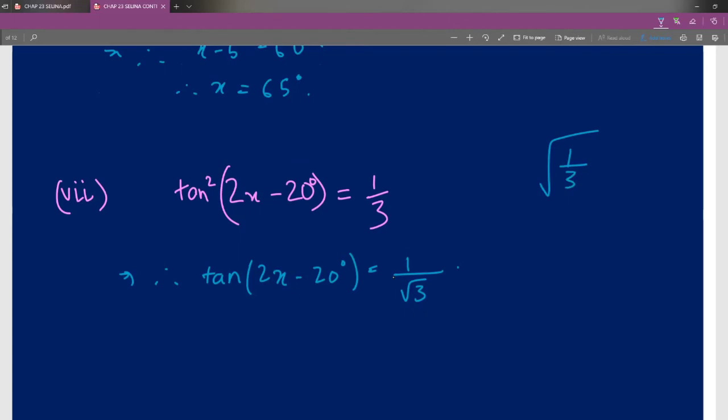But why have I written 1 upon root 3? Because 1 into 1 is 1 only. So there's no point in writing 1 upon 3 whole root. So over here I'll just rub this.